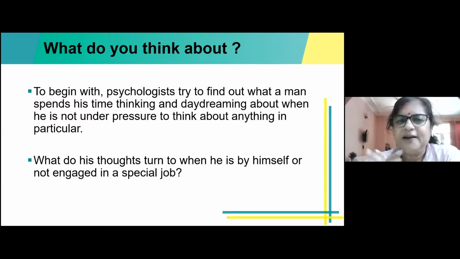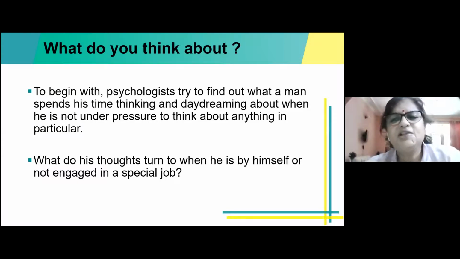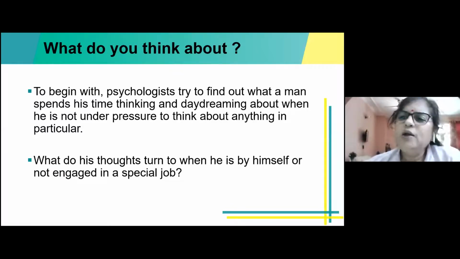So he said that psychologists try to find out what it is that a man spends his time thinking about. What does he spend his time daydreaming about? What does he think about in his leisurely time, when he is all by himself or he is not engaged in a special job?